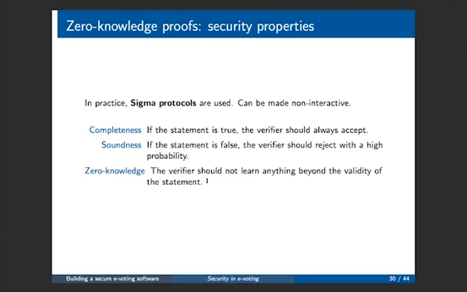How do we measure, what do we mean by gaining knowledge? We define gaining knowledge by the fact that the verifier is said to learn something, to gain knowledge, if he or she is able to compute things in a more efficient way than before the interaction.